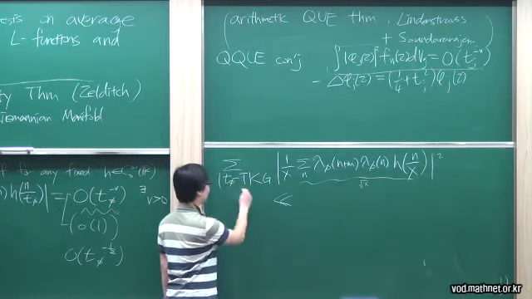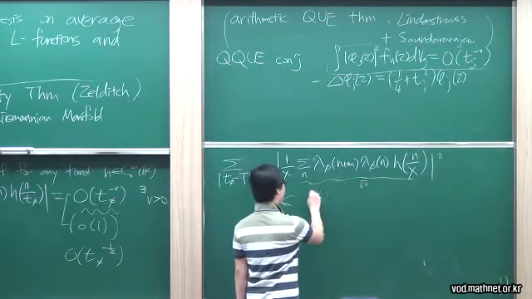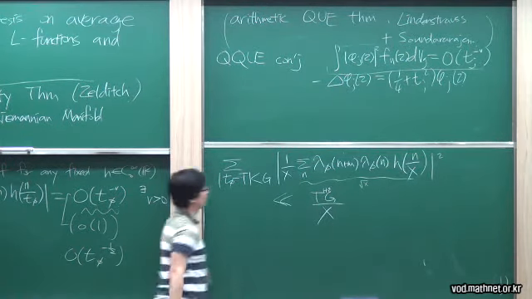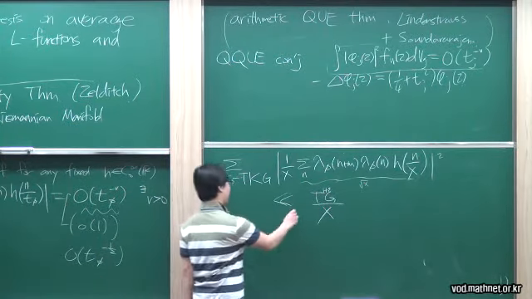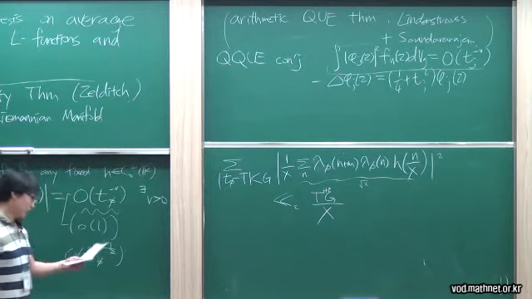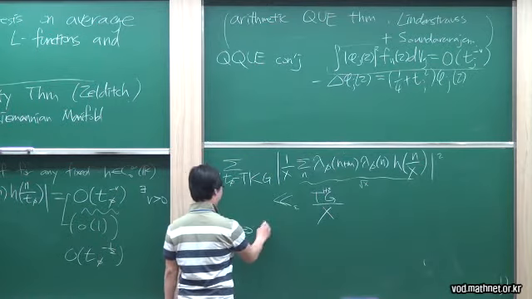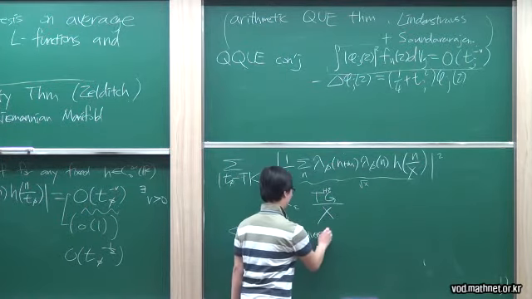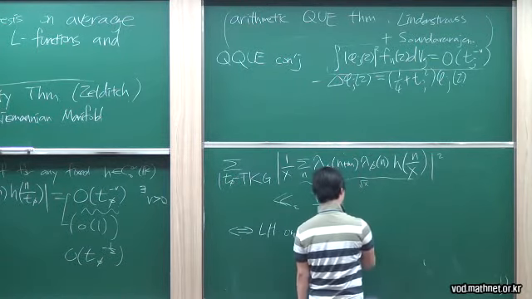And because there are t times g terms in this summation, the optimal bound will be t to the 1 plus epsilon times g over x. So this is equivalent to the Lindelof hypothesis on average for the triple product L function.